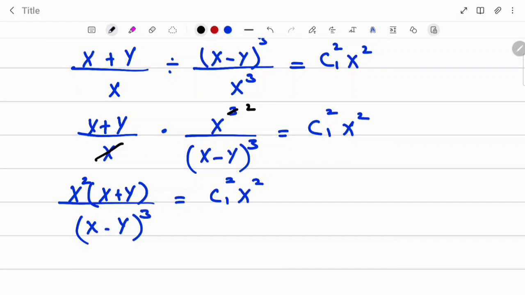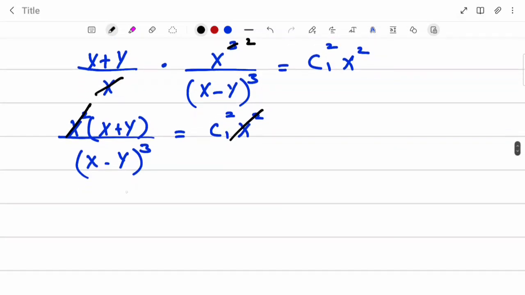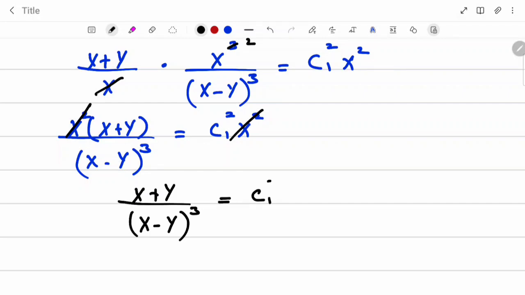Everybody knows that we can cross x square directly. Otherwise, you can bring x square to the opposite side in the denominator and they will be crossed. So up till then, we are left with x plus y over x minus y cube equals c1 square.